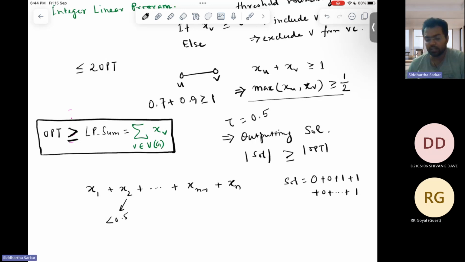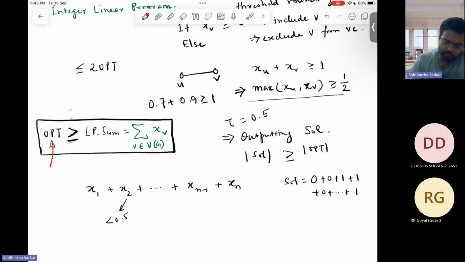No, so you are saying that the minimum vertex cover size is not OPT. So minimum vertex cover size is OPT. Yes, this is correct. But how can I?